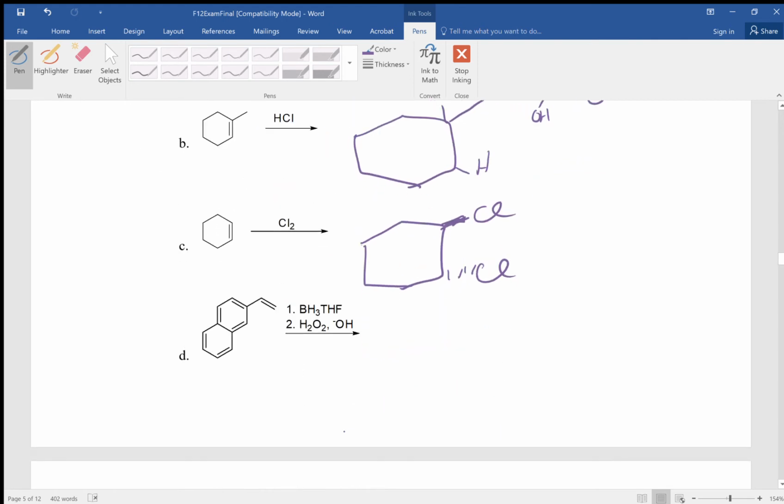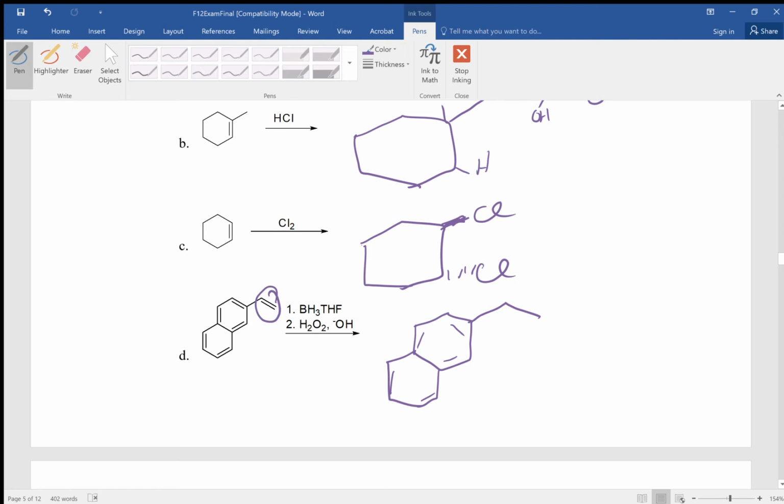Right, part D is the hydroboration reaction, and we know that hydroboration reacts again with alkenes, so we can ignore these two rings at the bottom. Why? Well, these are aromatic rings and they won't react under most conditions that alkenes react. So the reaction will take place up here where the alkene is.